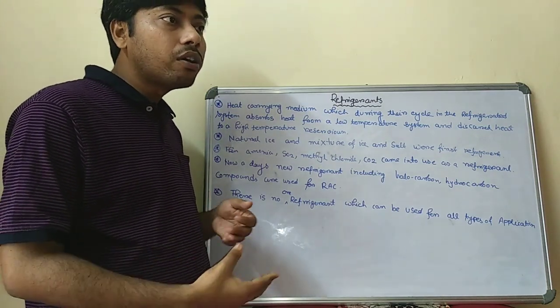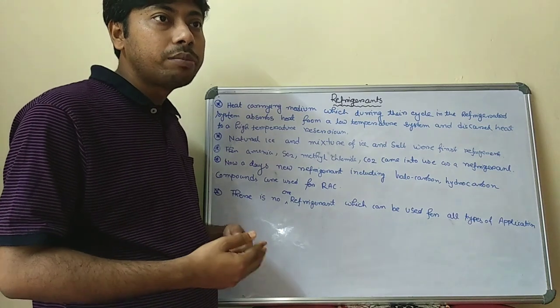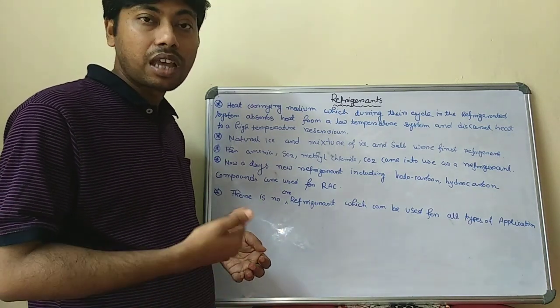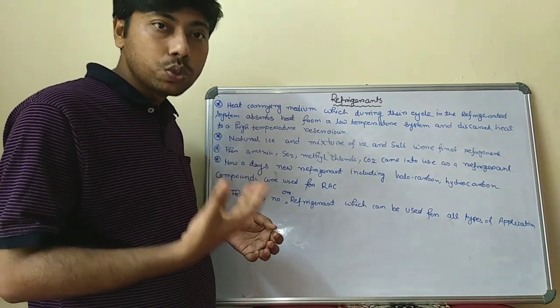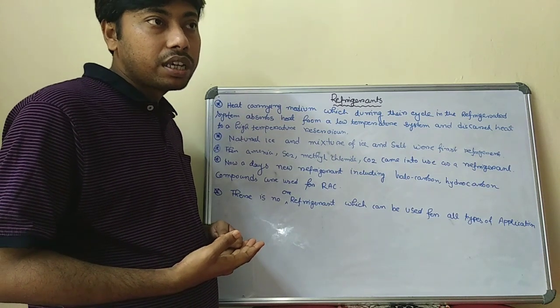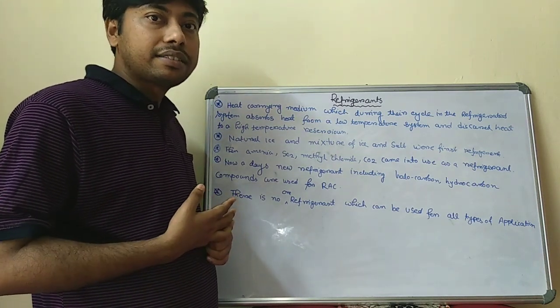So depending on your application, your requirement, your comfort zone, desirability or safety concern, chemical stability, and thermal stability, you can choose a refrigerant so that you can use it easily and safely.